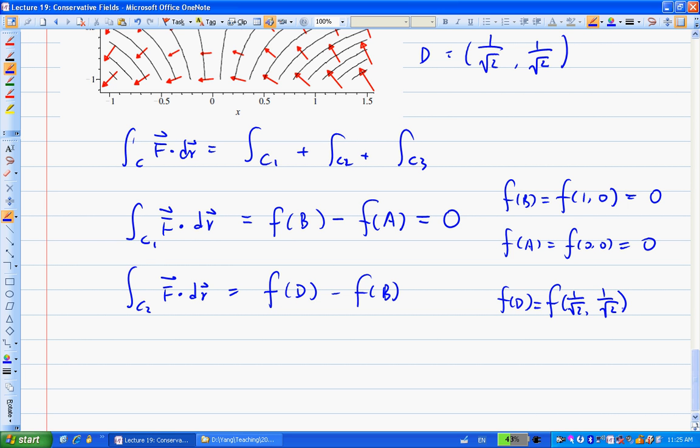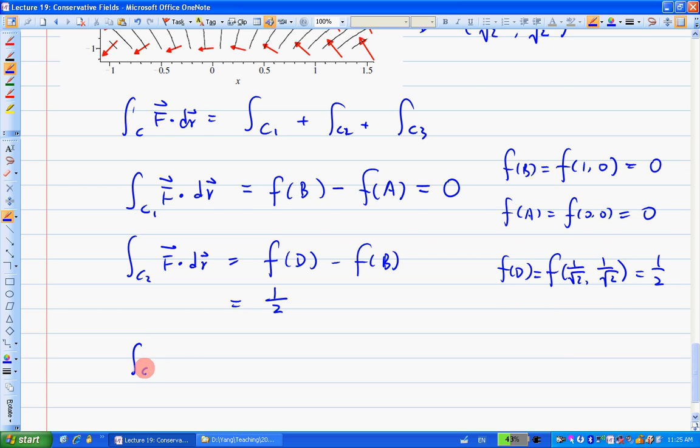So x times y is this value multiplied by this value, which is 1 over 2. So 1 over 2 minus 0 equals 1 over 2. That's the line integral of the second segment.